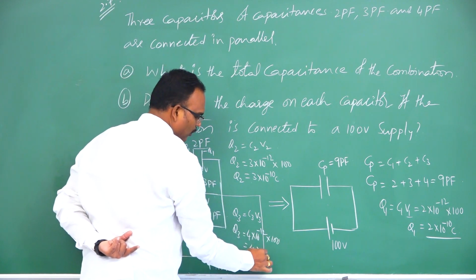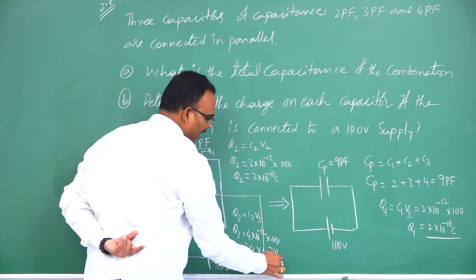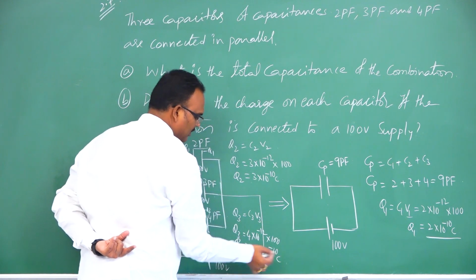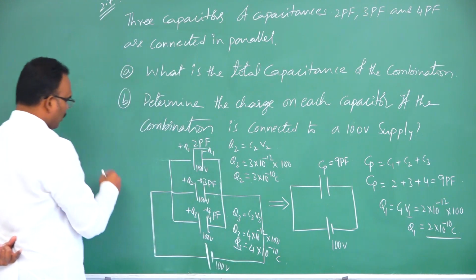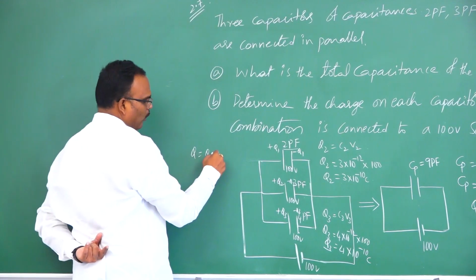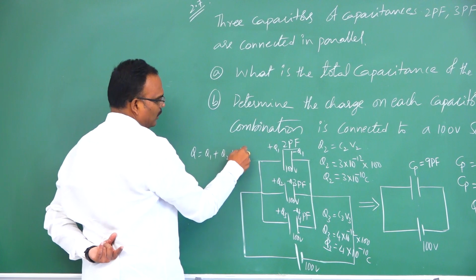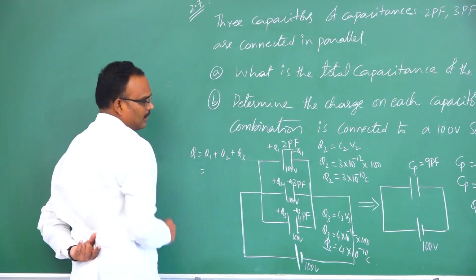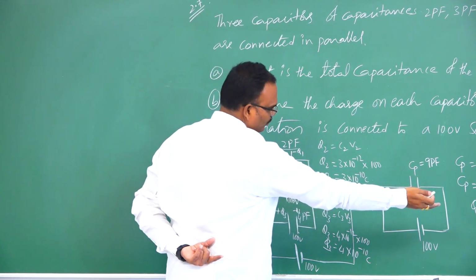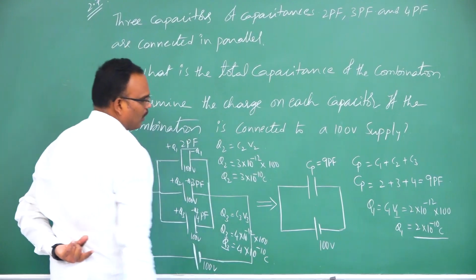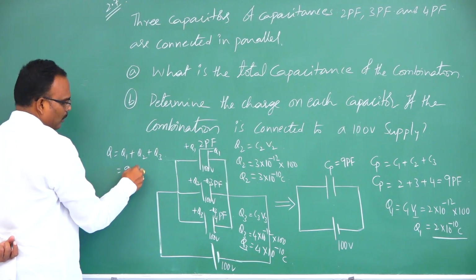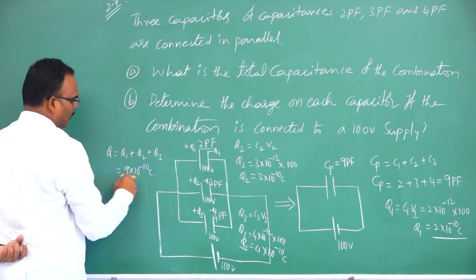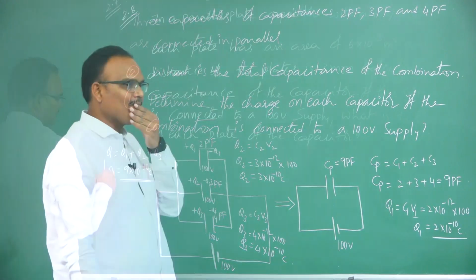So this is 4 into 10 to the power of minus 10 coulomb. So this is Q3. If you want to calculate total charge, Q is equal to Q1 plus Q2 plus Q3. That is here 2, this is 3 and this is 4. If we add, you will get 9. So 9 into 10 to the power of minus 10 coulomb is the total charge.